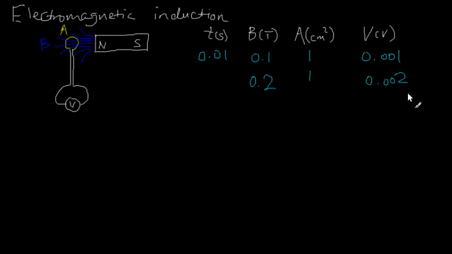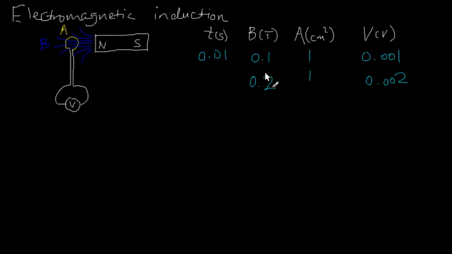Okay. So it looks like it might be possible that the induced voltage is actually proportional to the magnetic flux density.